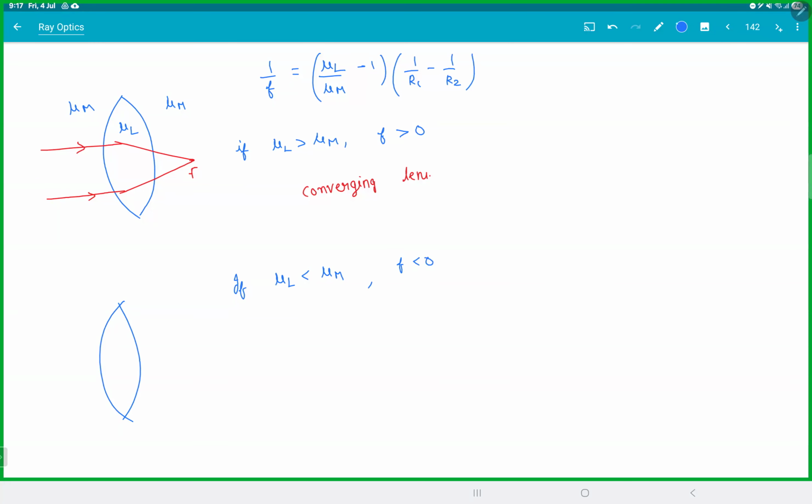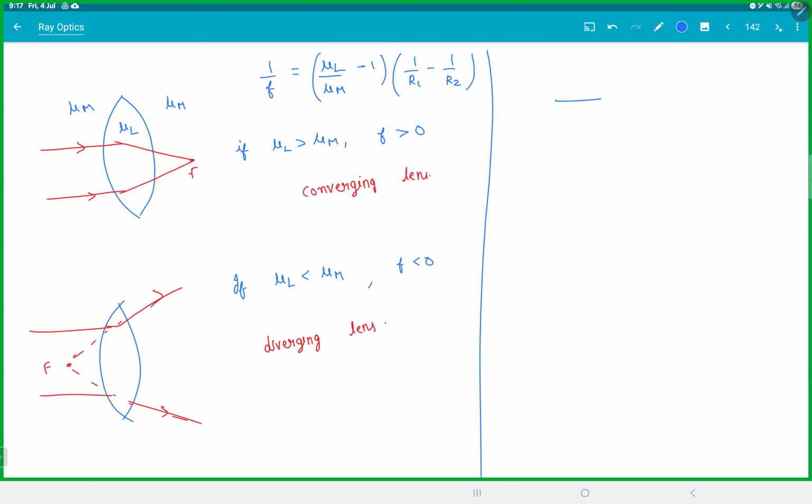The light rays will try to meet behind, meaning a virtual image. This is a diverging lens. So there is no guarantee a biconvex lens is always converging. It depends on the mediums.